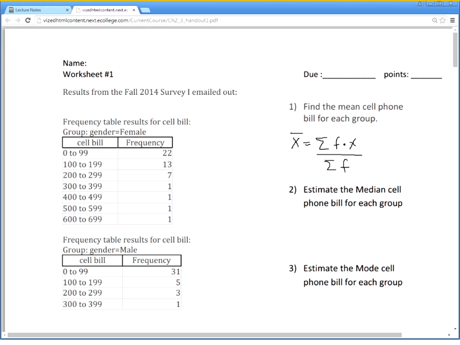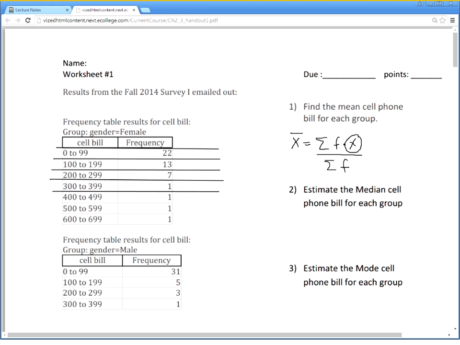Now, does anybody remember what x represents? So f represents the frequency, but what is x? As I'm drawing these straight lines here, attempting to draw the straight lines anyway, you're hopefully looking through your notes to see what that x represents.